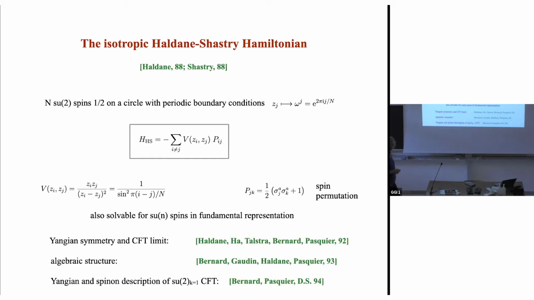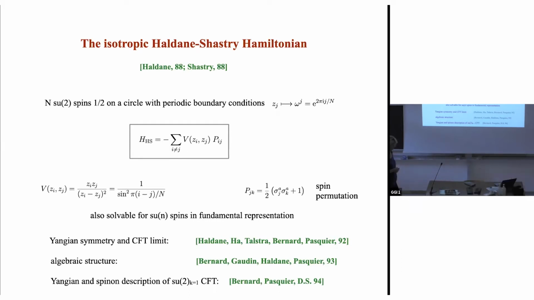Since one can construct the spin permutation also for SU(N) spins in the fundamental representation, most of the things that I am going to say here go through for SU(N). So this model has many interesting properties. In particular, the spectrum is very degenerate, and the chain has Yangian symmetry.